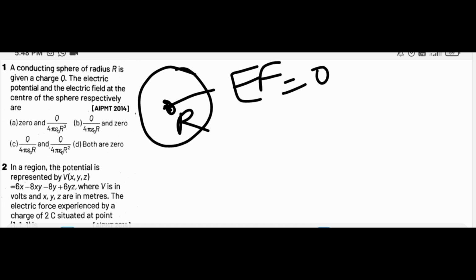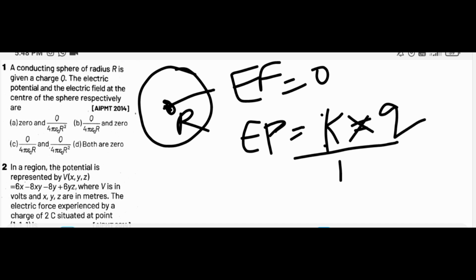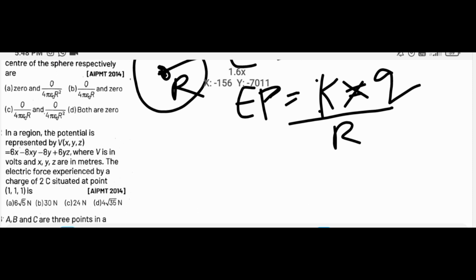What is the electric potential at the center of the sphere? Electric potential will be a constant value at the center and also the surface, which will be k into q by radius. There is no option in terms of k, they are given in terms of 1 by 4 pi epsilon naught.